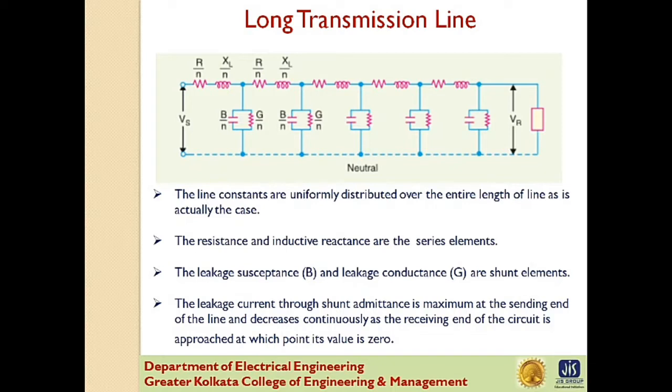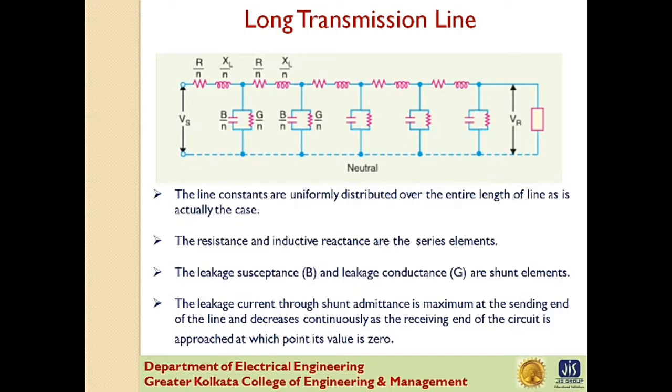length of the line. However, reasonable accuracy can be obtained in the line calculation for short and medium transmission lines by considering these constants as lumped. If such an assumption of lumped constants is applied to long transmission lines having length in excess of about 150 km, it is found that serious errors are introduced in the performance calculations.